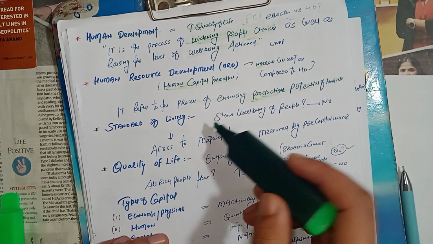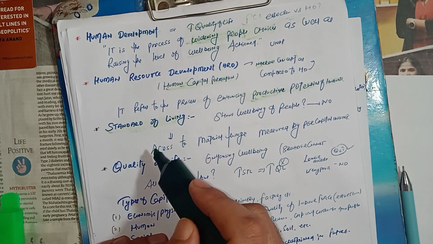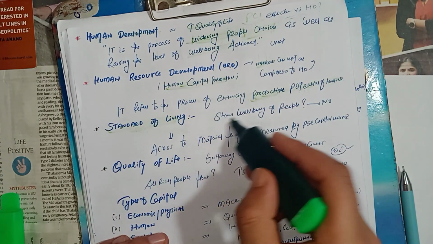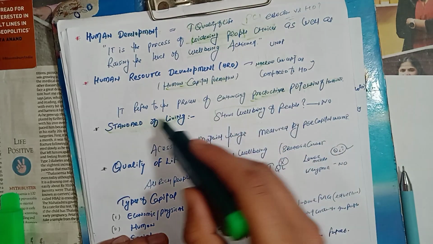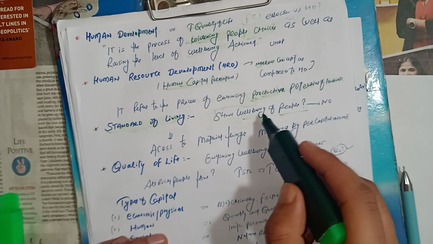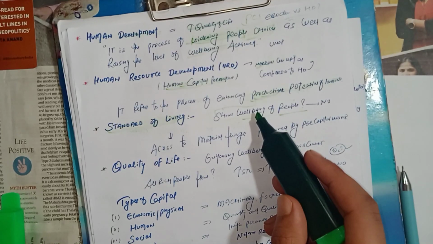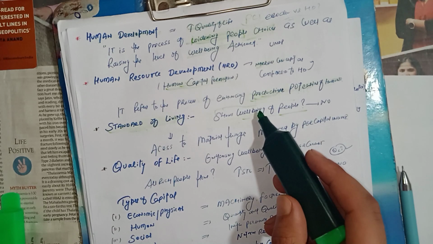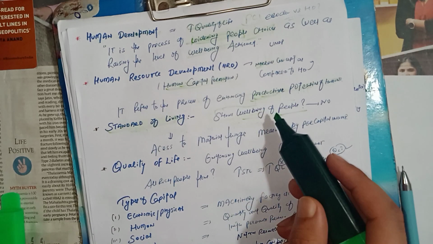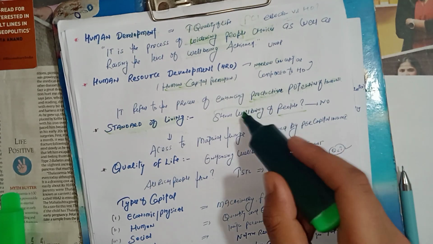Now, standard of living. What does standard of living mean? Here's the question: does the standard of living show the well-being of people? Direct question. Do you think the standard of living shows the well-being of people? Standard of living doesn't show the well-being of people.